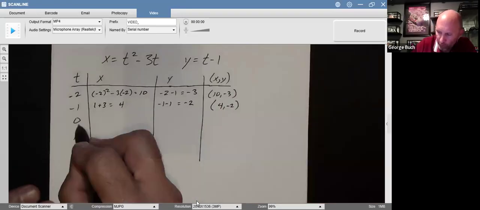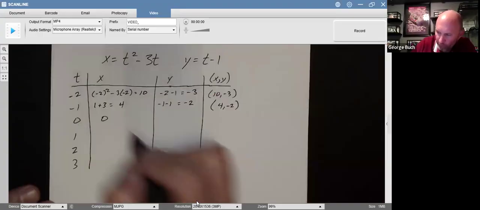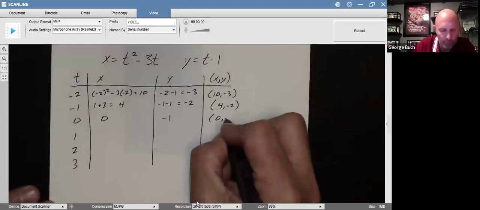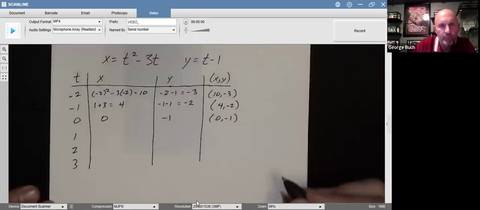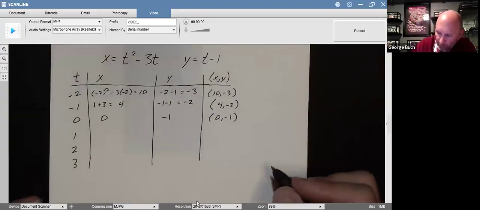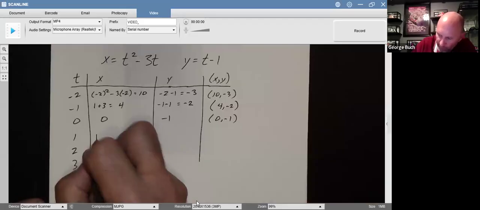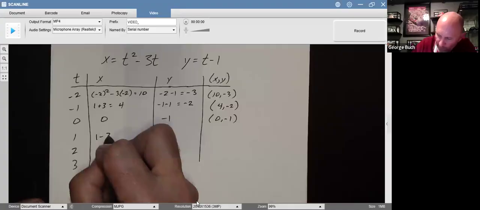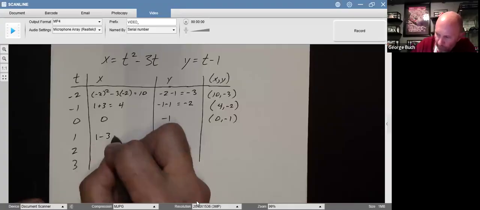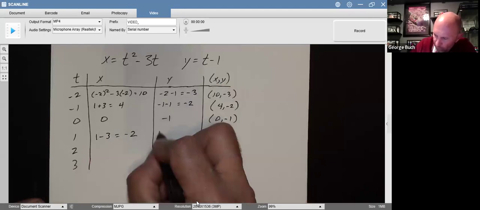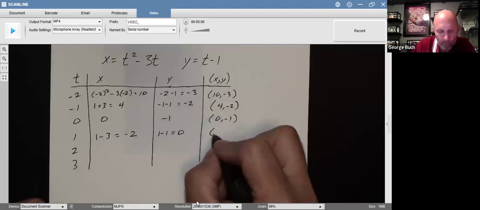Plug in 0. 0 minus 0, 0. 0 minus 1, -1. So I get a point of 0, -1. Plug in +1. I get 1 squared is 1, minus 3 times 1, so that's 1 minus 3 is -2. And then 1 minus 1 is 0. So this point is -2, 0.